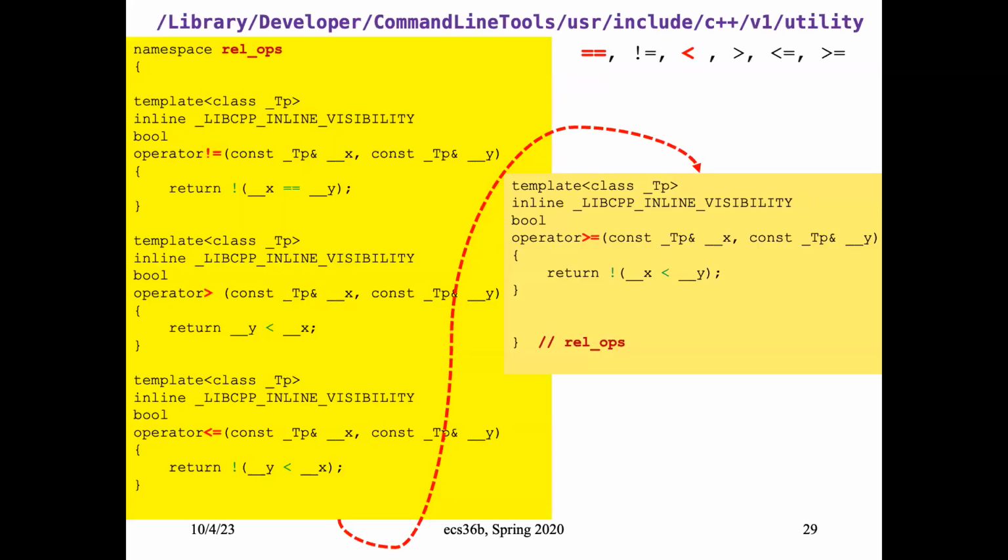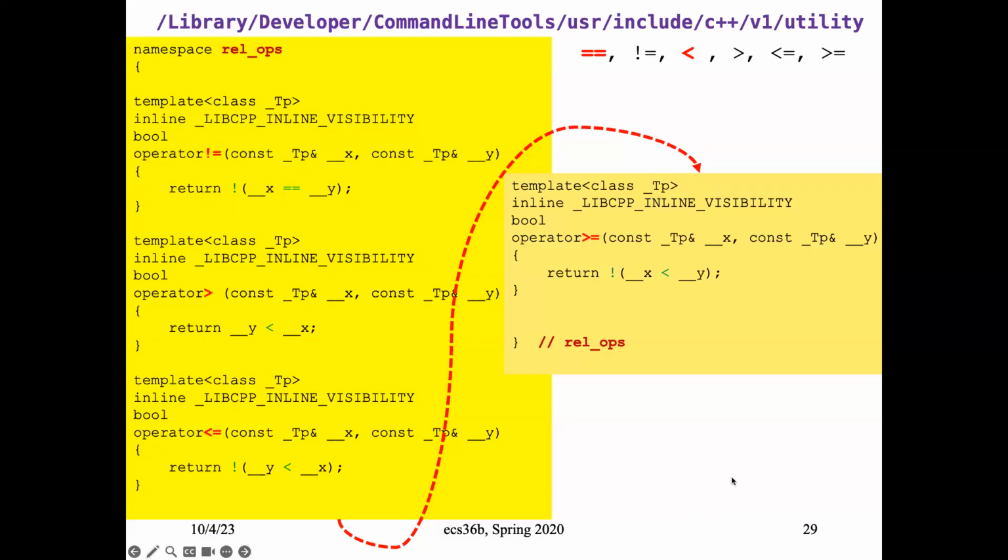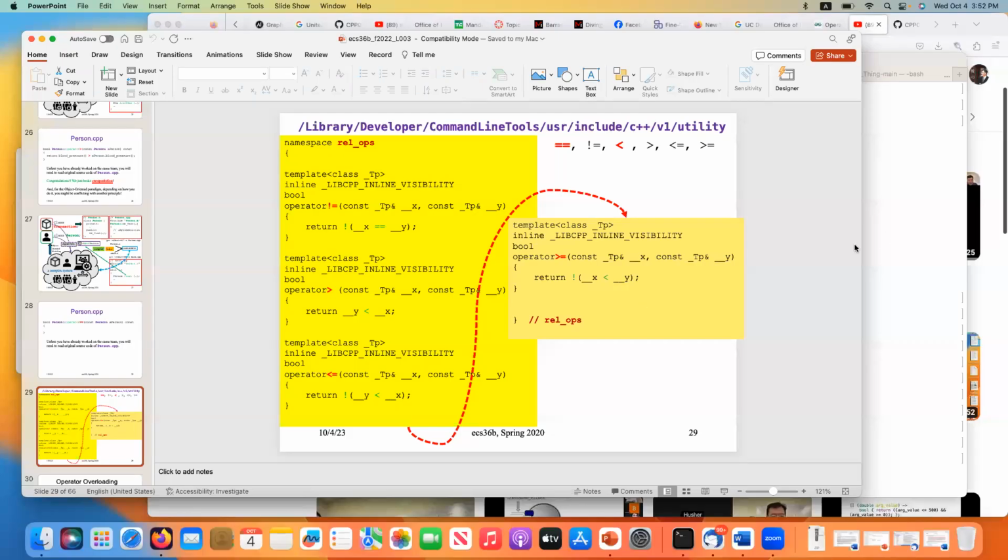But there are 6 operators, which we call the relational operators. Wow, this Zoom actually blocked the view. I want to move this down a little bit. Can you see it now?